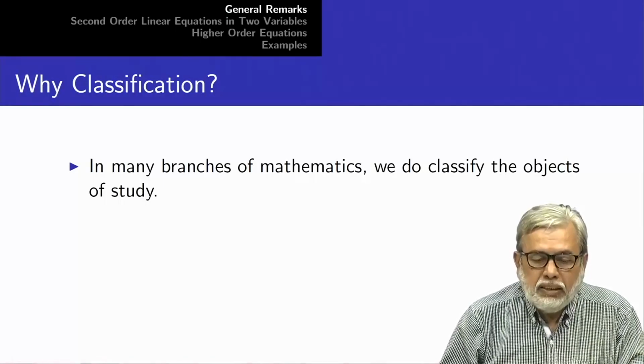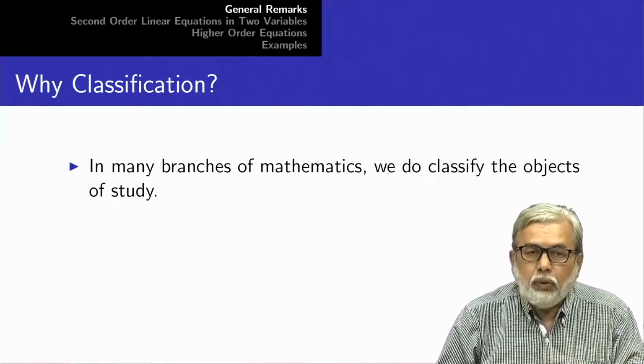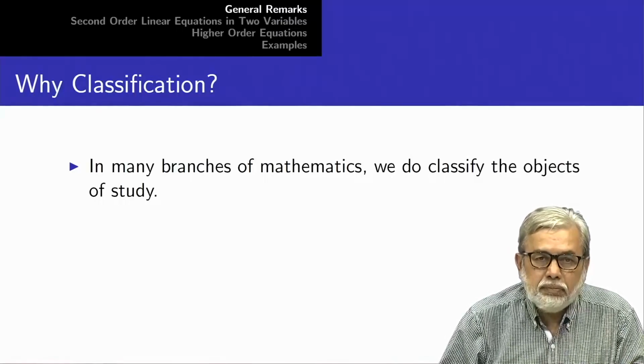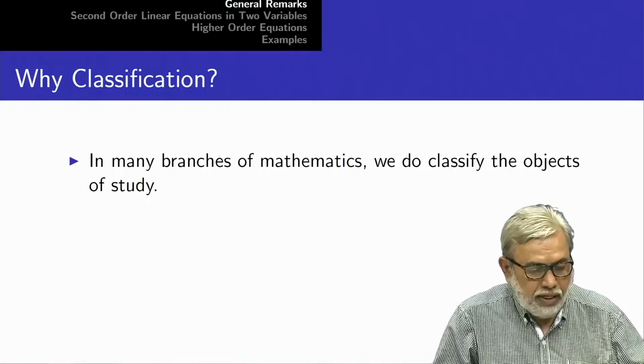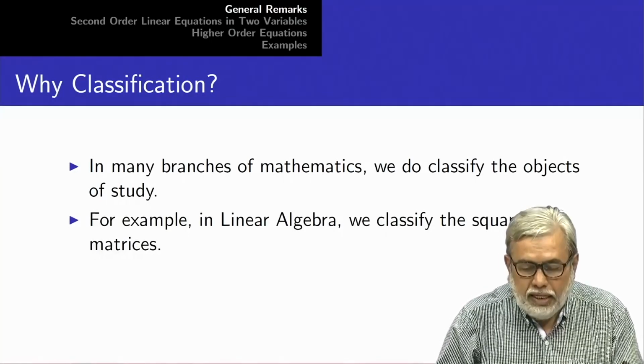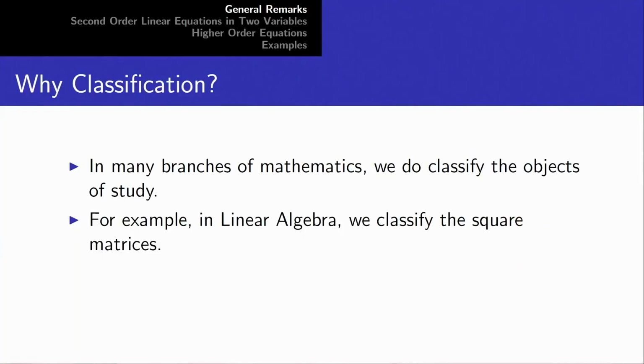In many branches of mathematics, we do classify objects of study. For example, in linear algebra we classify square matrices into classes of symmetric matrices, orthogonal matrices and positive definite matrices. Why do we do that?